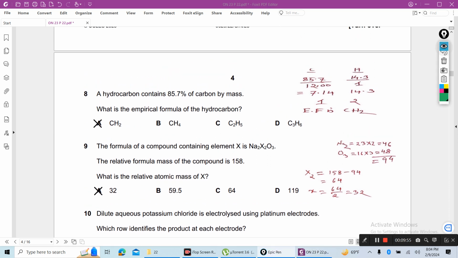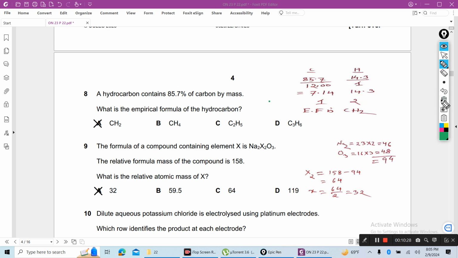You see, the carbon percentage is 85.7, so hydrogen will be 100 minus 85.7, which means 14.3. So first divide by RAM, relative atomic mass: carbon 12, hydrogen 1, and you get 7.14 and 14.3.